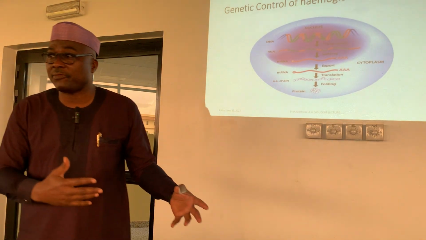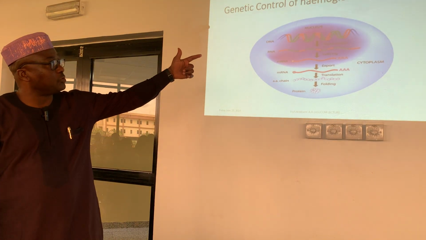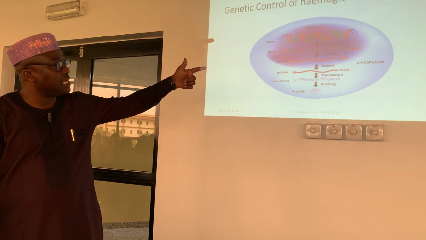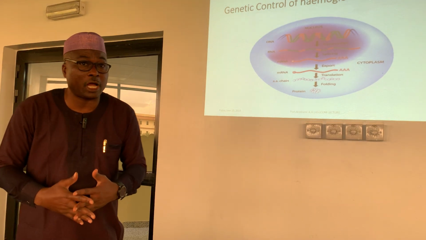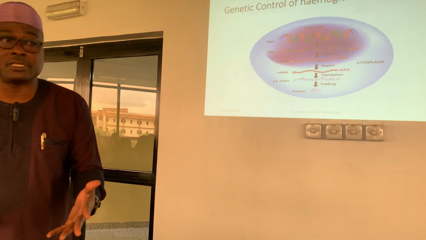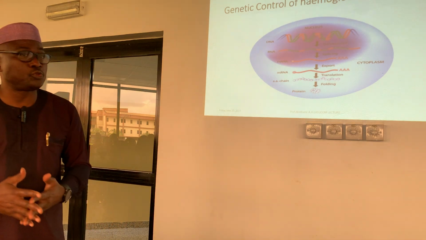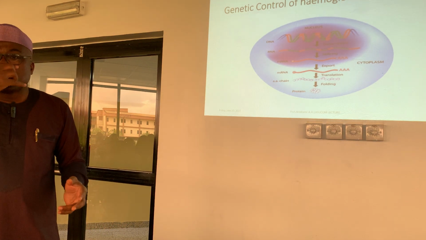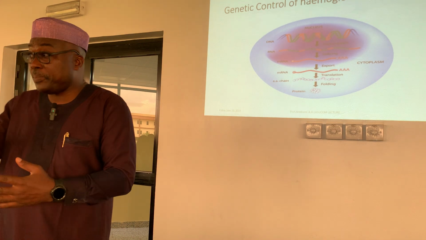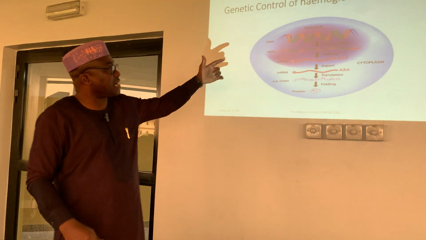So it is during interphase, during the cell cycle, that you have replication. We don't have to talk about the details of replication here, because this is not a biochemistry class and you have done that. But you should know that your DNA is replicated normally, and then it is transcribed.